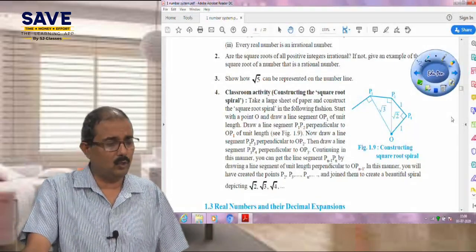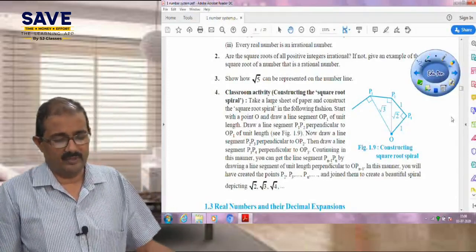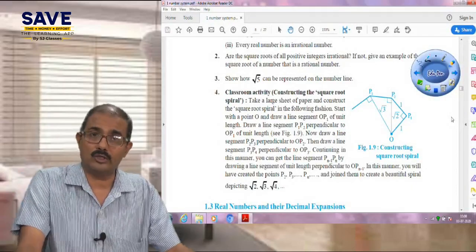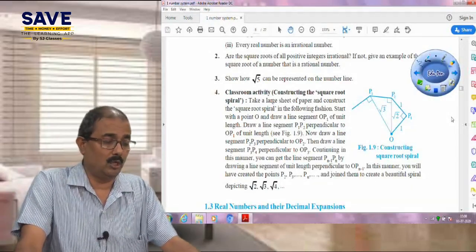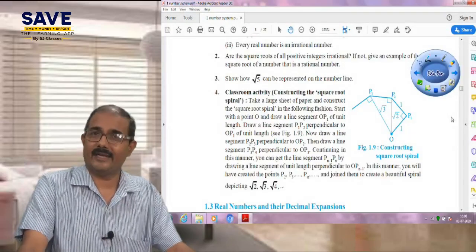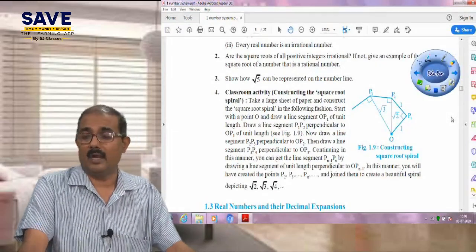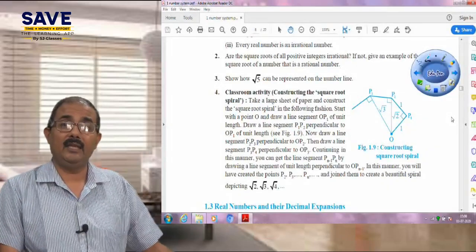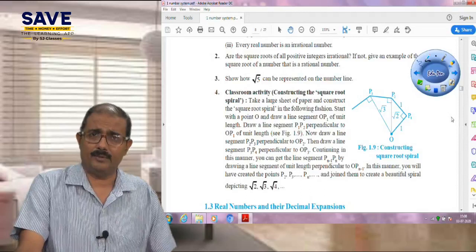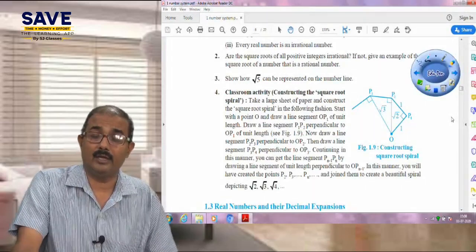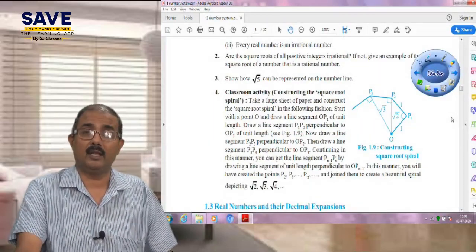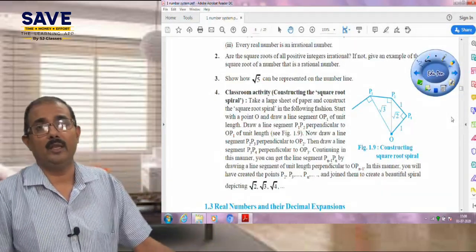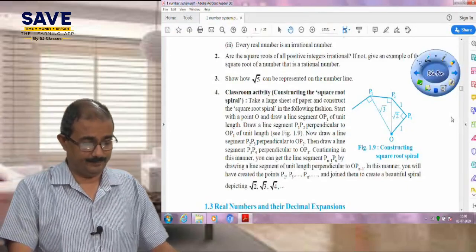So first of all, you do questions 1 and 2 of this exercise: all questions of 1.1 and only the first and second questions of 1.2. How to mark a square root on a number line, we will discuss in the last lectures of this chapter, because we need the compass, the scale and the protractor to mark square root 2, square root 3 or square root 5 on the number line.